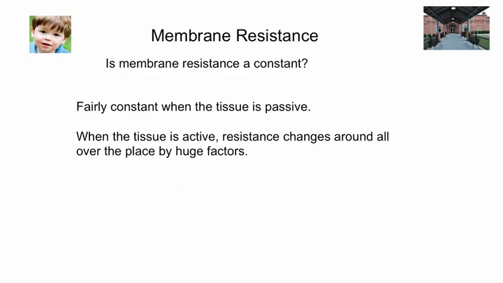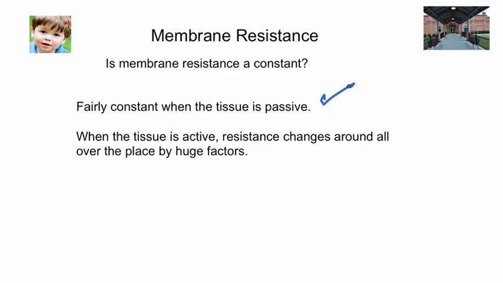Is the membrane resistance a constant? We who come from a tradition of electric circuits are accustomed to resistances, things that are called resistances, being constants. Membrane resistance is fairly constant when the tissue is passive. So I'd say yes if it's passive.